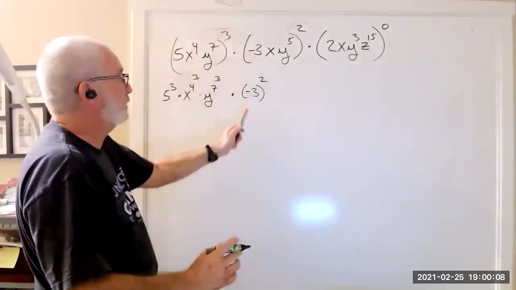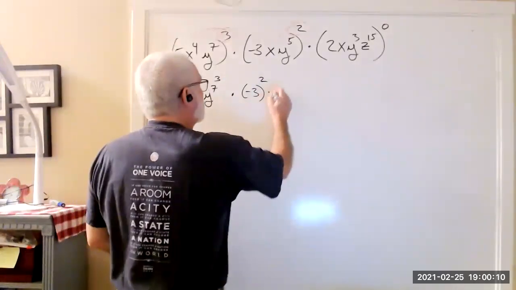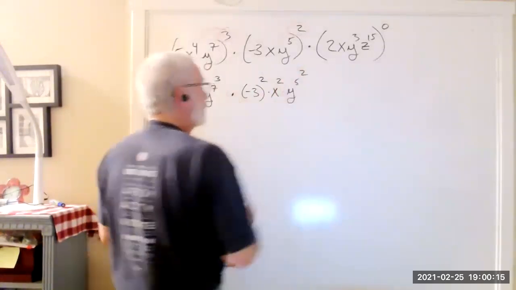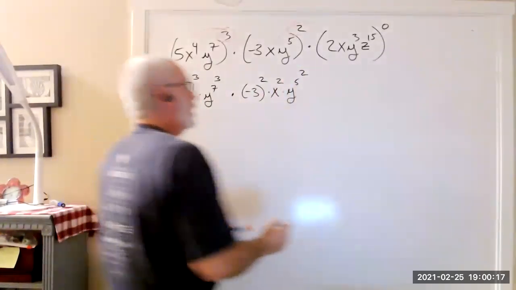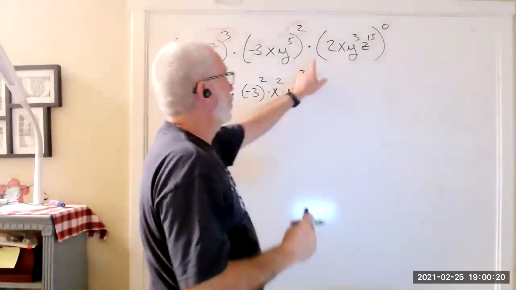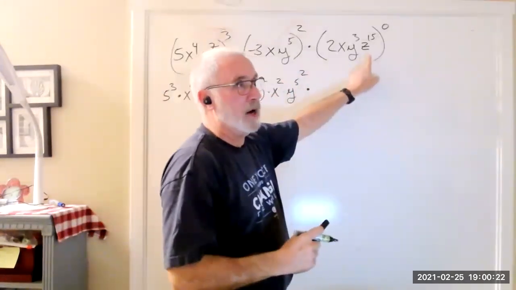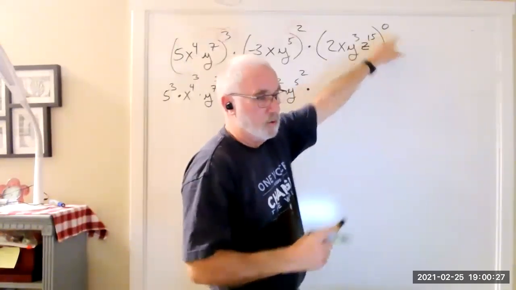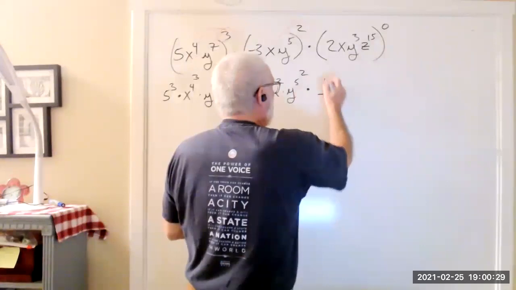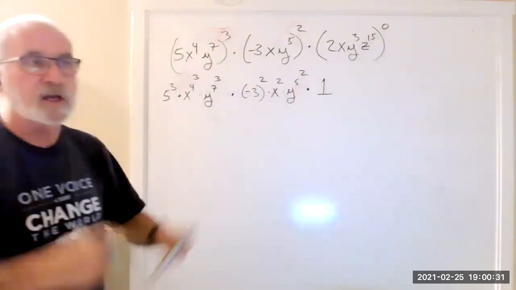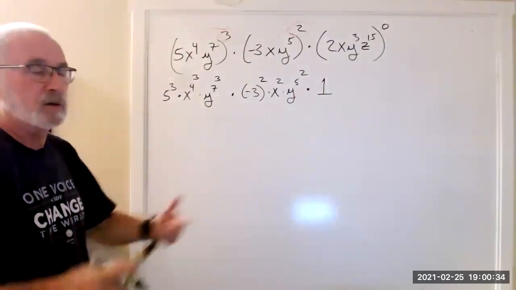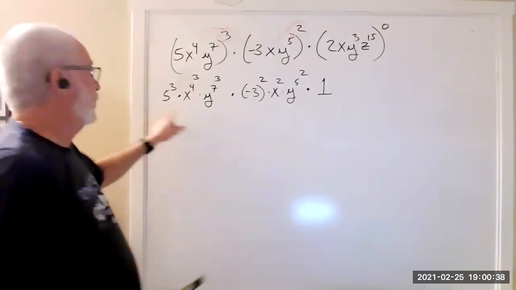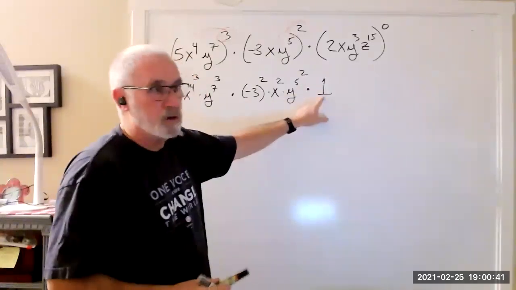So quantity -3 to the 2nd power times x to the 2nd times y to the 5th to the 2nd. Times what's any quantity, no matter how ugly or important it looks, to the 0 power? 1. So this is a big fat 1, and in effect it doesn't affect the problem. It just goes away, because anything times 1 is itself.